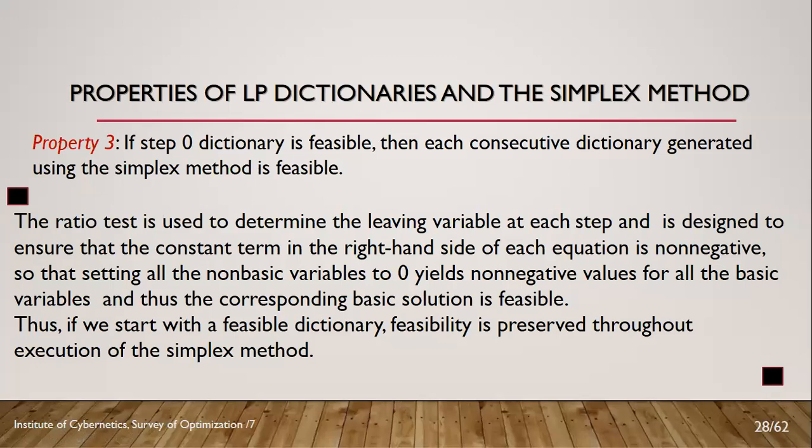Property 3 refers again to the feasibility issues. If the step 0 dictionary is feasible, then each consecutive dictionary generated using the Simplex method is feasible. The ratio test is used to determine the leaving variable at each step and is designed to ensure that the constant term on the right-hand side of each equation is non-negative, so that setting all the non-basic variables to 0 yields non-negative values for all the basic variables, and the corresponding basic solution is feasible.